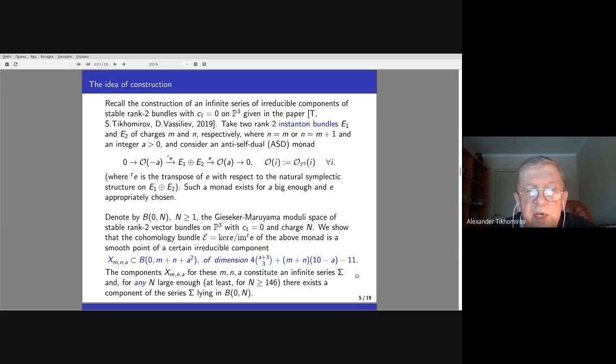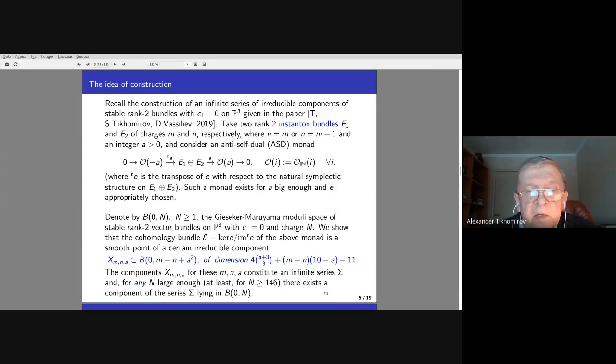And we show there in that paper that the components X(m,n,a) for these possible values of m, n and a constitute an infinite series such that for any n large enough, at least for n greater or equal to 146, there exists a component of our series lying in B(0,n).